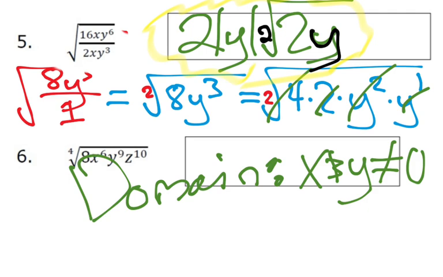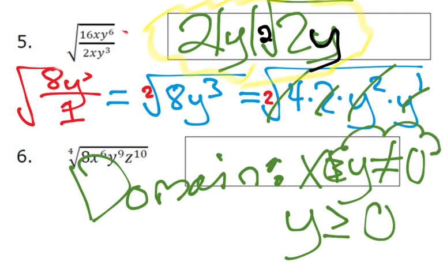You are not allowed to have a negative value underneath an even index radical. So that means y has to be greater than 0. Not or equal to, because we already said in the statement before that it can't be equal to 0, so it would technically be wrong to say greater than or equal to. You would just say y is greater than 0, and those are the domain restrictions.